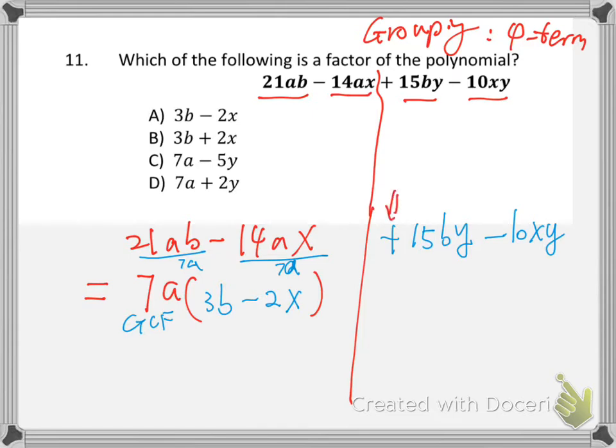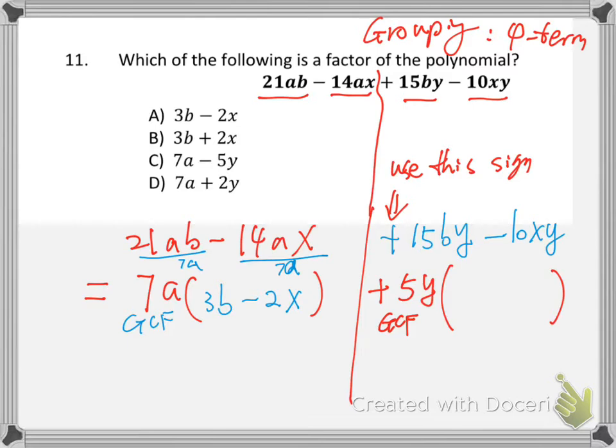This sign is very important, so use this sign. This sign is positive, so the second GCF is positive. For 15 and 10, the common factor is 5. The common letter here is y.